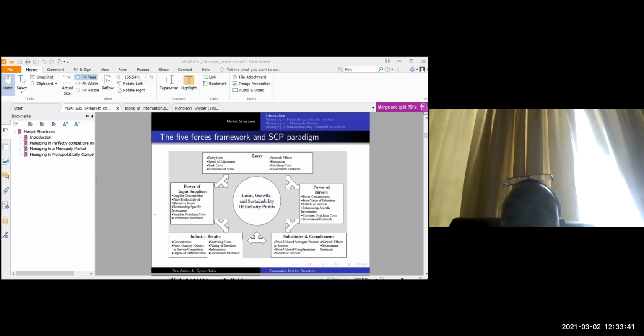The value of complementary products can impact your product. If people are buying more of the other product, which is a complement to your product, then they'll buy more of your product going forward. Network effects are very important. The network between the goods is very important.